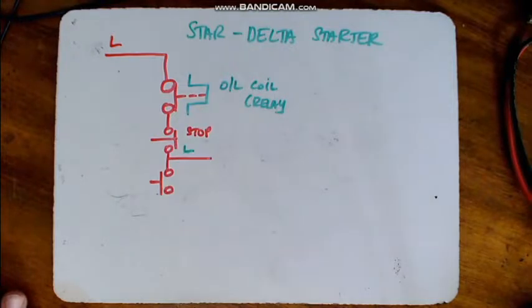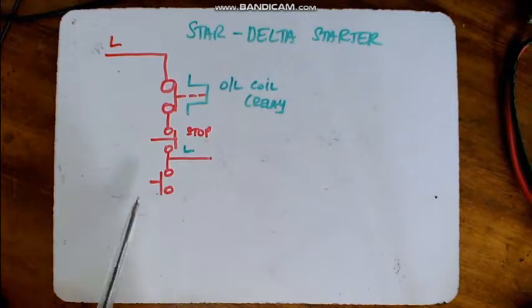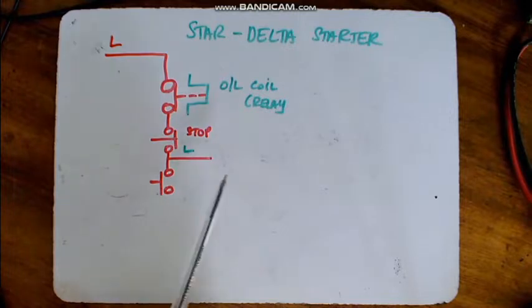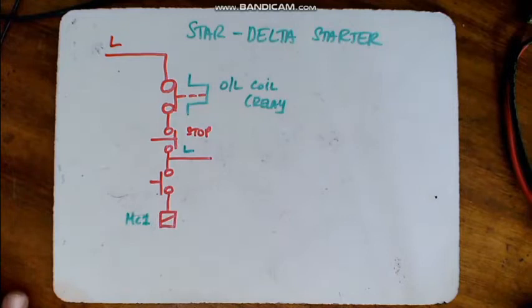So we're going to have to connect up a contactor so that when the start button is pushed, it must switch on the contactor and that contactor will latch on. That contactor will need a neutral for it to work.